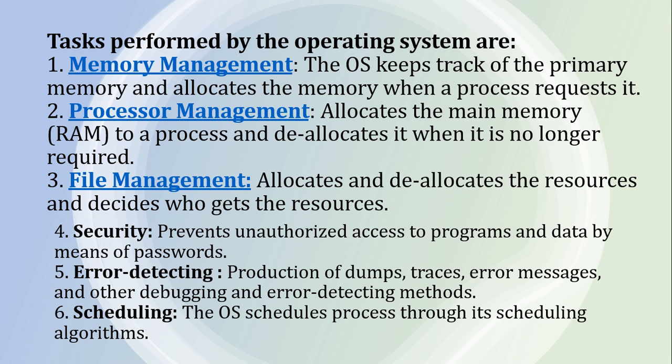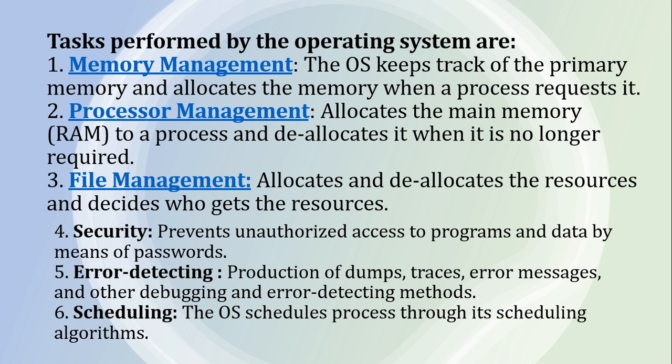Next, tasks performed by the operating system. What are the main tasks that the operating system does in a computer? First, memory management, which keeps track of primary memory and allocates memory when a processor requests it.